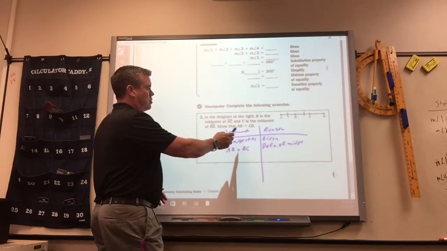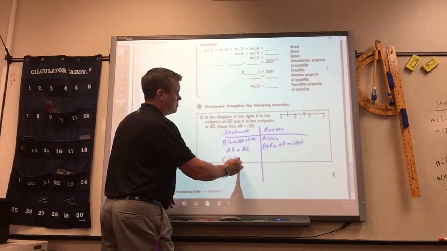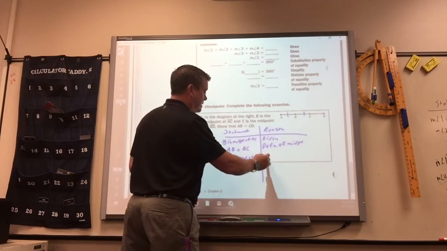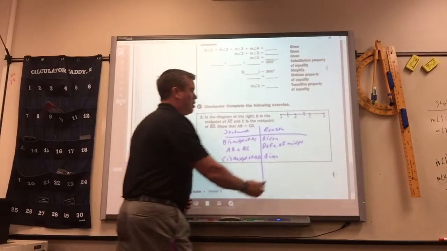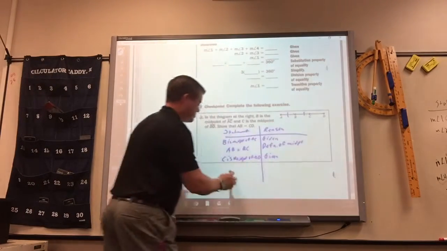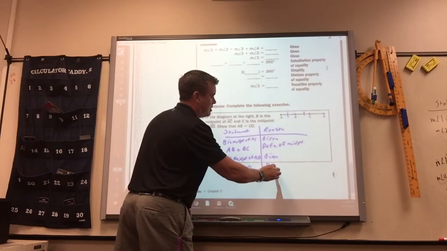Then we got to do this one. C is the midpoint of BD. That's given. So since C is the midpoint, we know that BC equals CD. Definition of midpoint.